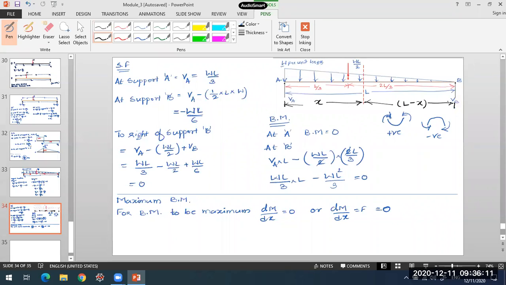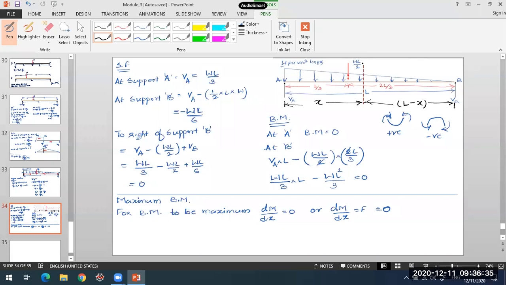Now, if you want to save your time and proceed with a quick calculation, it will be simple if I take the summation of all the forces to the right side of my section. Both will give us the same value, whether you take the algebraic sum of forces to the left of the section or to the right of the section.